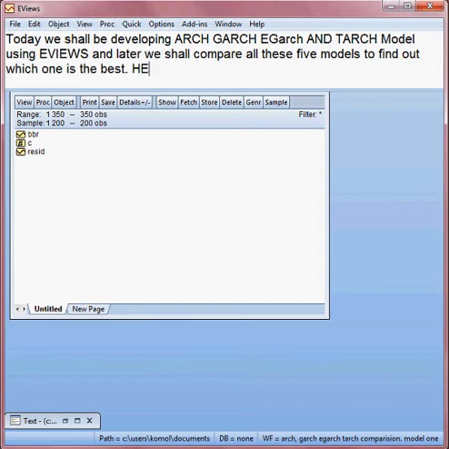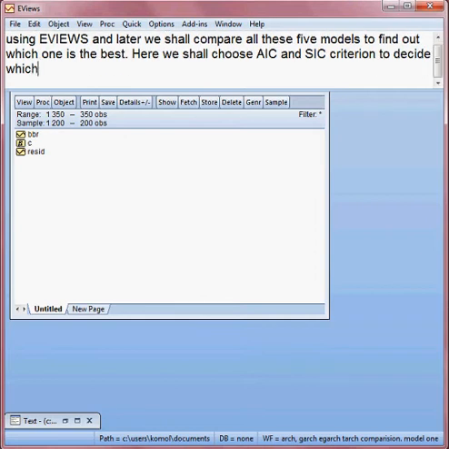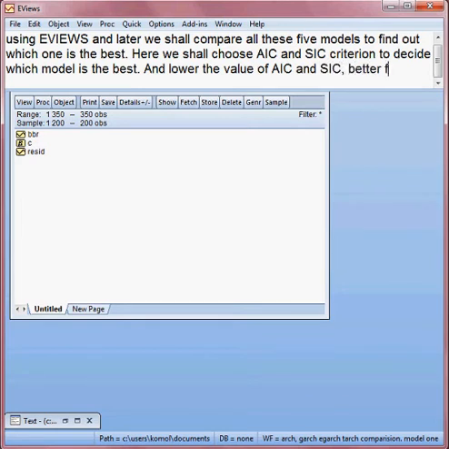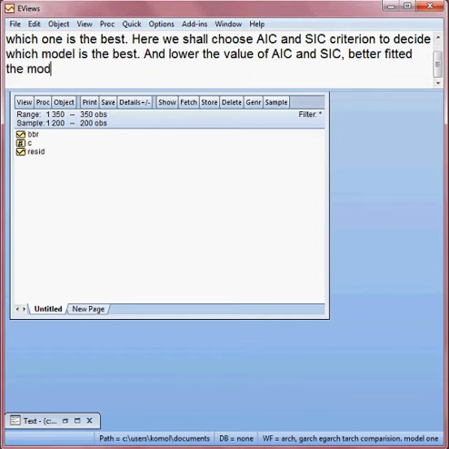And here we shall choose the AIC and SIC criteria to decide which model is the best, and the lower the value of AIC and SIC, the better fitted the model.